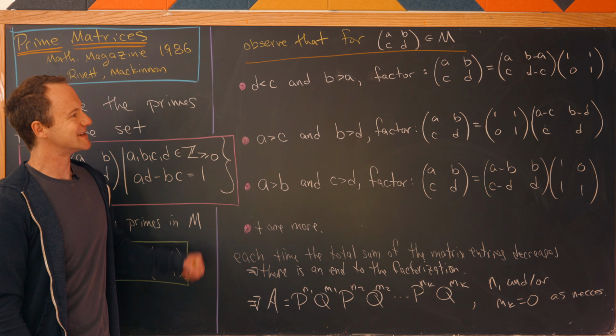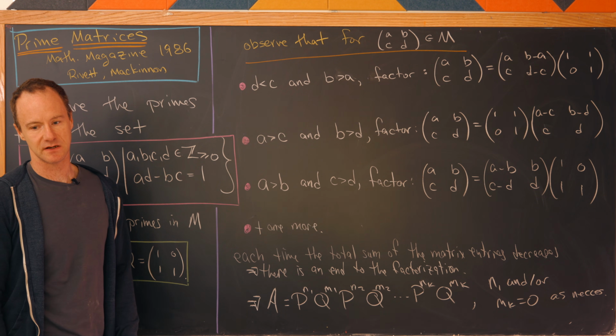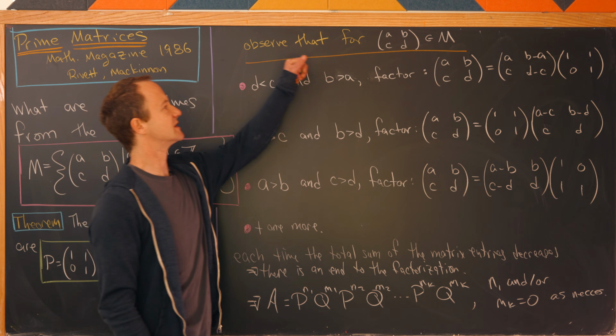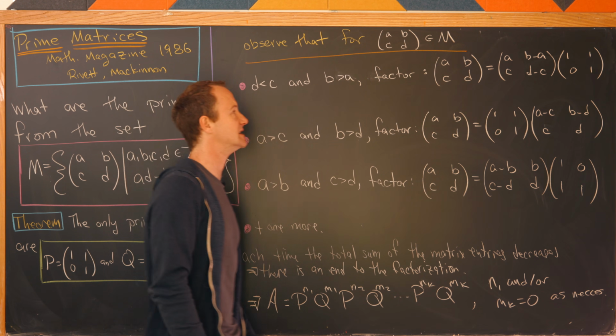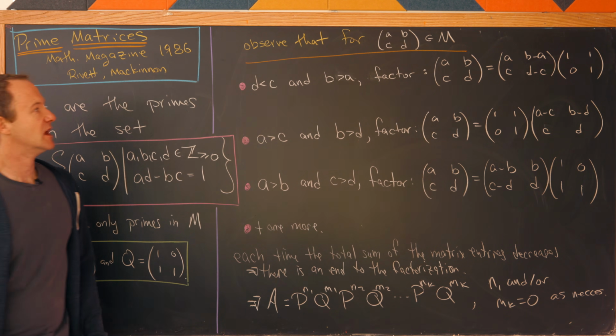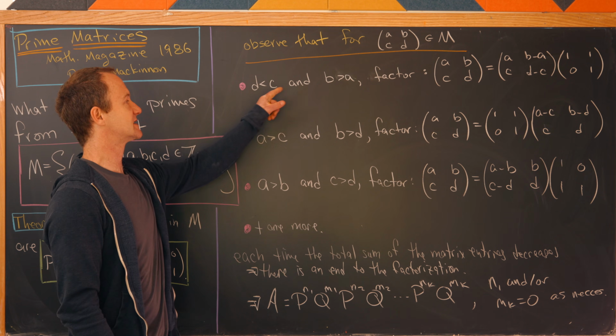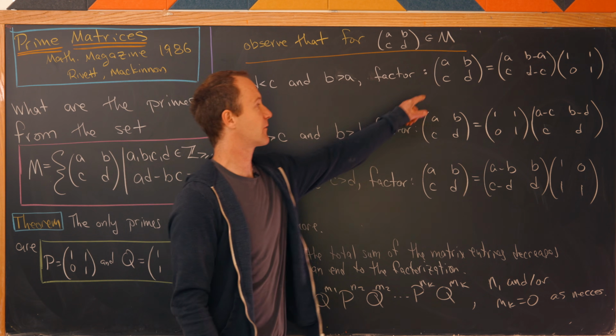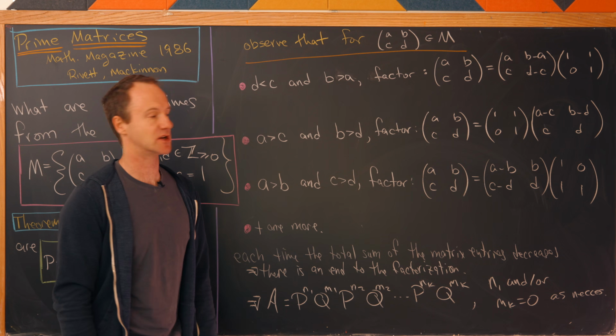Okay, so here's a nice summary of what we've seen. So let's notice that if we take any A, B, C, D in M, so that's one of the matrices inside of M, then if D is less than C and B is bigger than A, we can perform the following factorization.